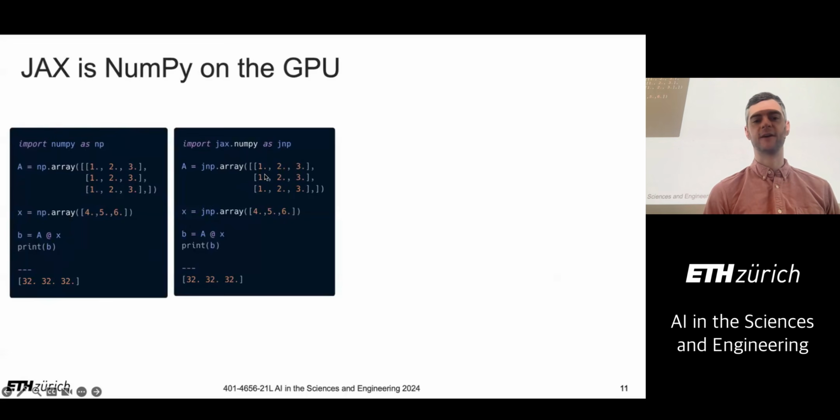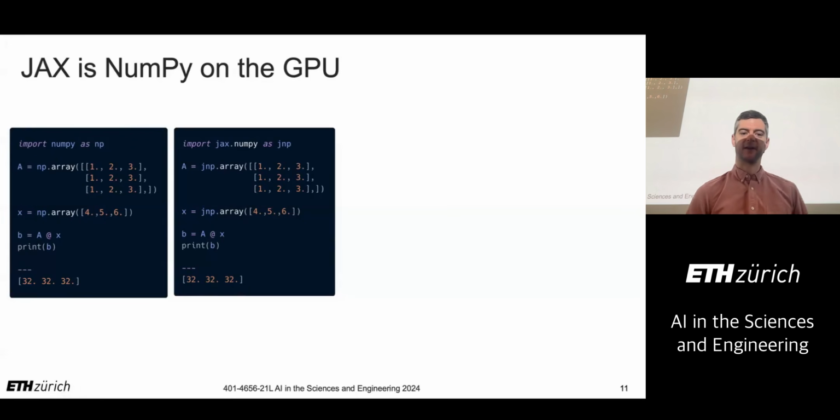We define an array in the same way, use the same matrix multiplication operators, and we get the same result. All the other functionality in NumPy, like numpy.sum and numpy.arange, is also in jax.numpy and defined the same.